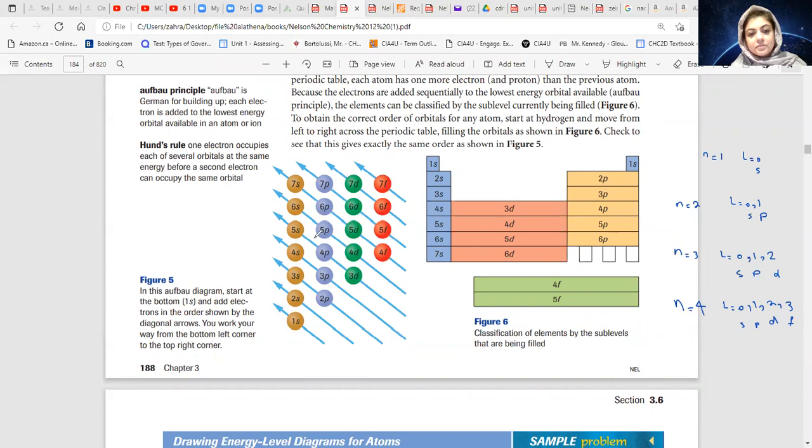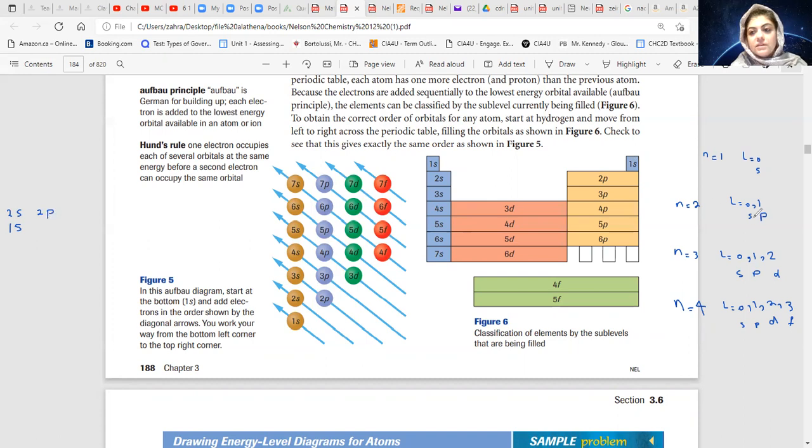Anyway, I'm doing that because you need to draw this diagram here, but you need to understand what's going on. So I start with 1s. See 1s, it means the energy level 1, you just have s orbital. In second energy level 2, you have s and p orbital, so I put 2p. Okay, this is n.